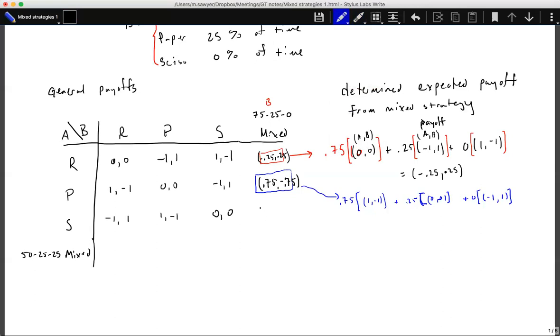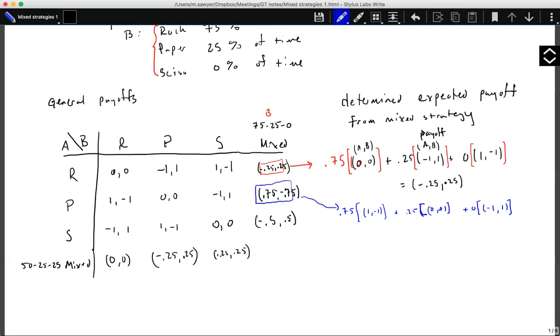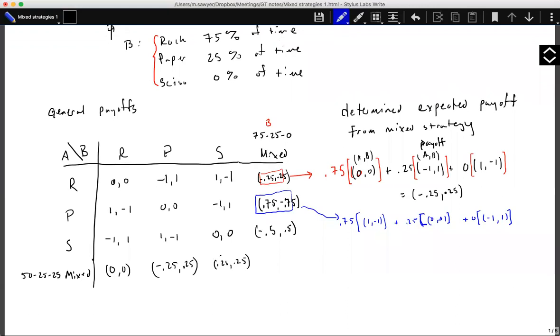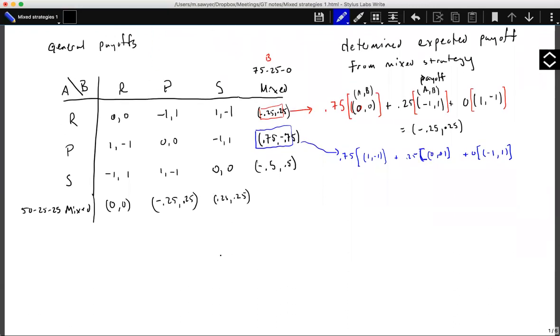And then similarly, we could do the same thing here, and we get negative 0.5 and 0.5. Player A's works the same, where we get 0, 0, and then negative 0.25, 0.25, and positive 0.25, 0.25. Here using player A's payoff strategy of 50, 25, 25.